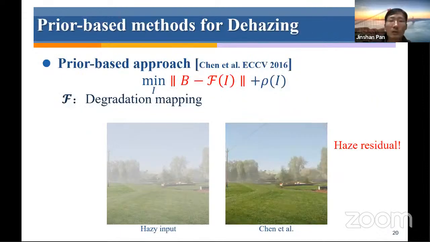However, the prior-based approaches do not introduce the artifacts. One main reason is that they require the generated clear image to satisfy the degradation process during the optimization process. However, they do not effectively remove the haze because the handcrafted prior may not model the inherent properties of the clear images well.